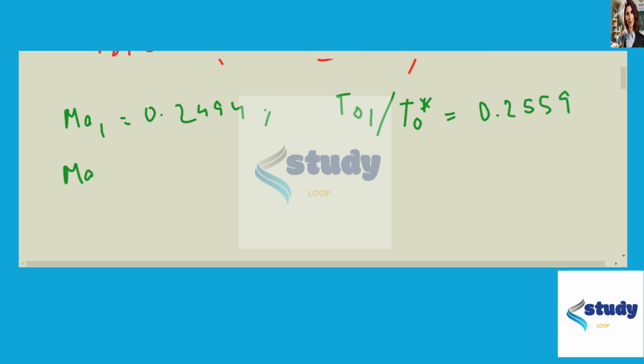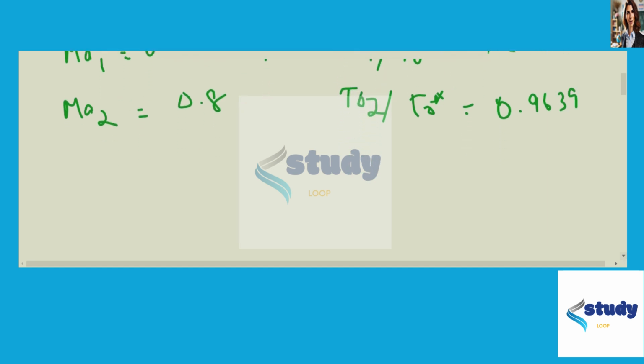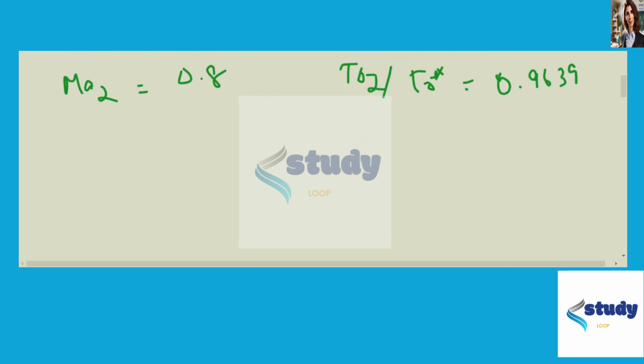And then Ma2 equals 0.8, so T02 upon T0 star equals 0.9639.